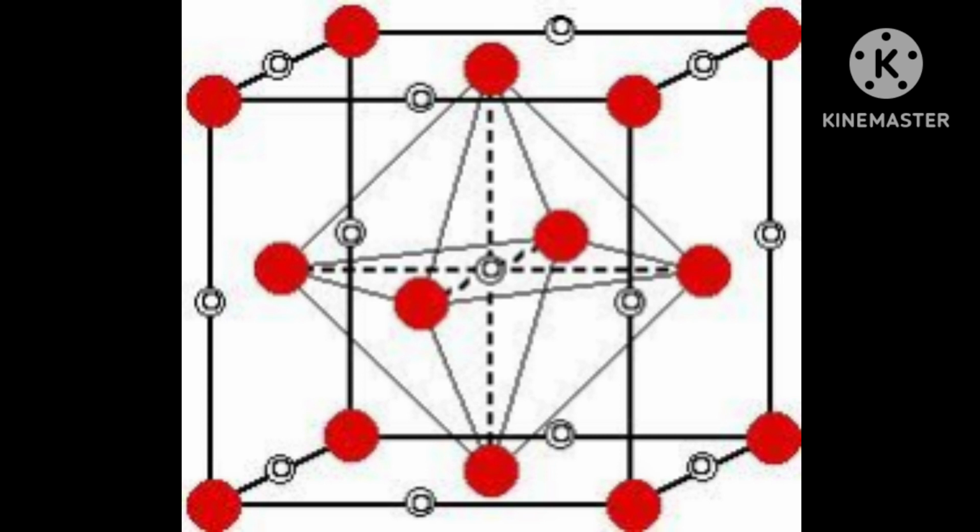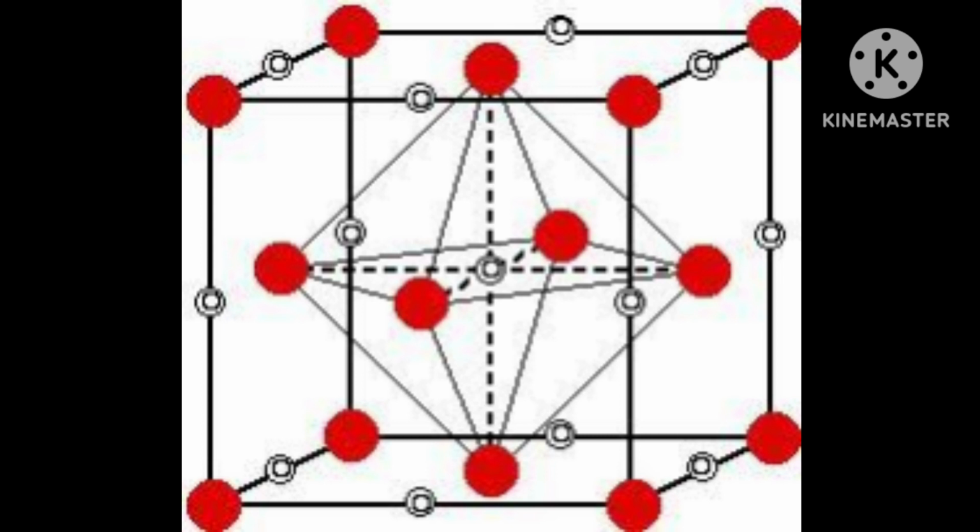In the center of the cube, one particle, one atom, will be there, correct? And surrounding this, a total of 6 atoms will be there, one in the center of each face.